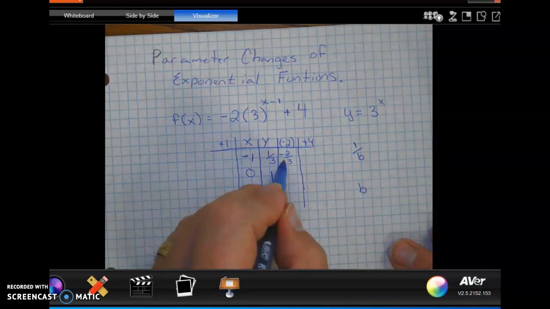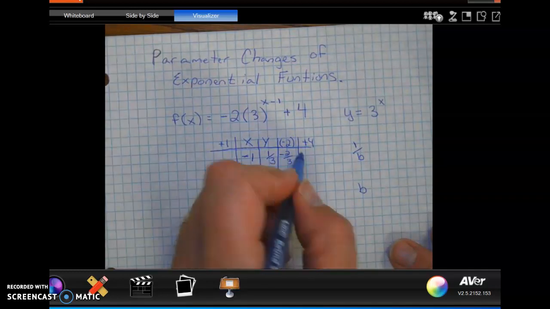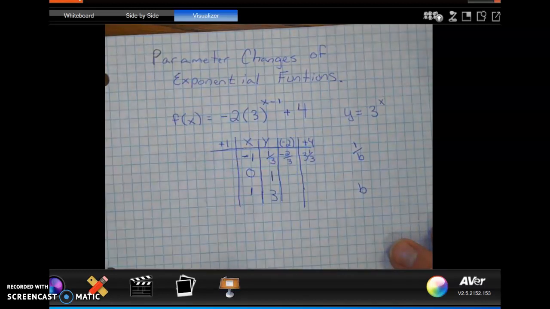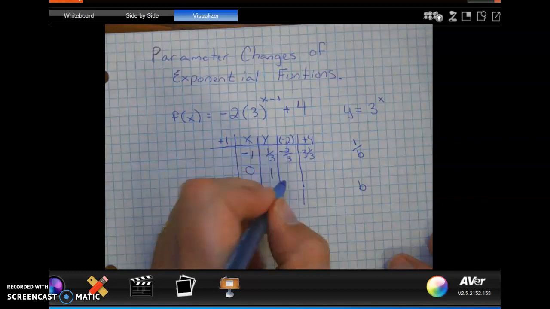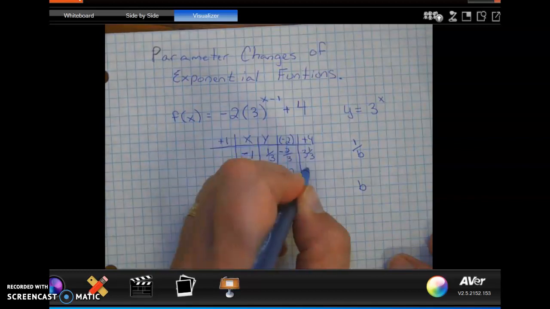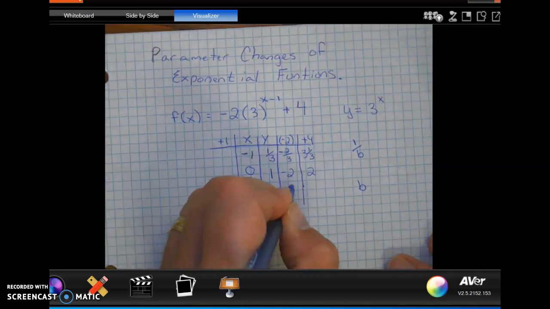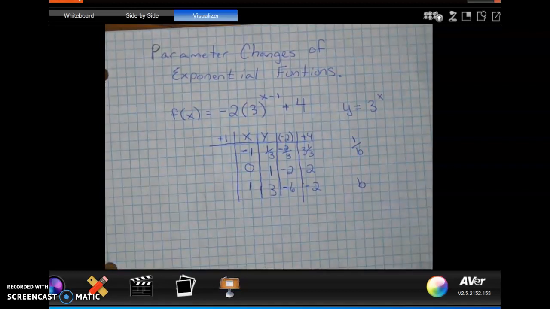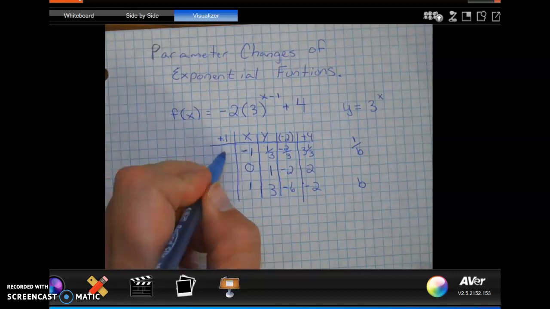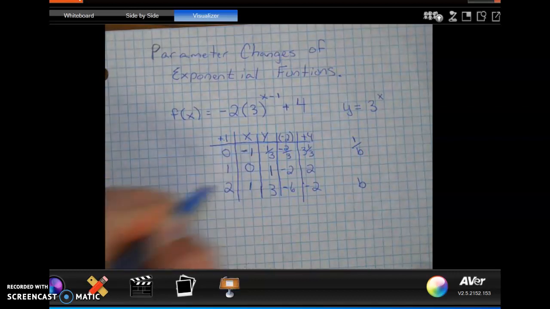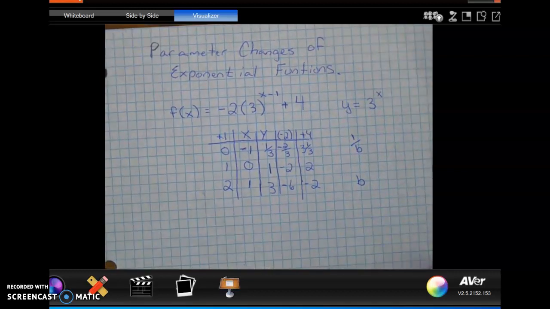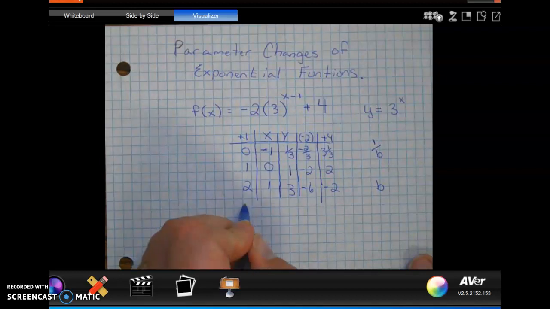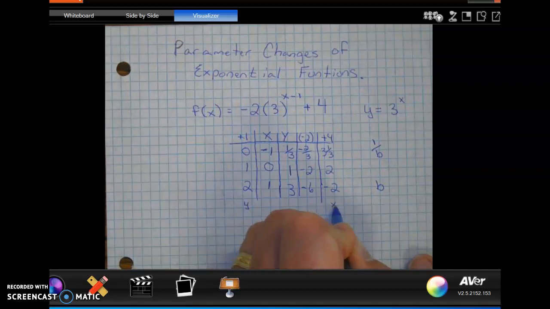And then -2/3 plus 4 is going to be 3 1/3. -2, 2. -6, -2. On the x side, adding the 1. All right. So now we have our coordinates, our new y's, and our new x's to graph.